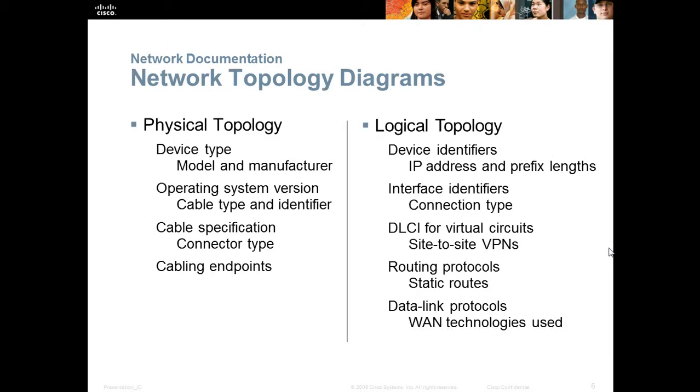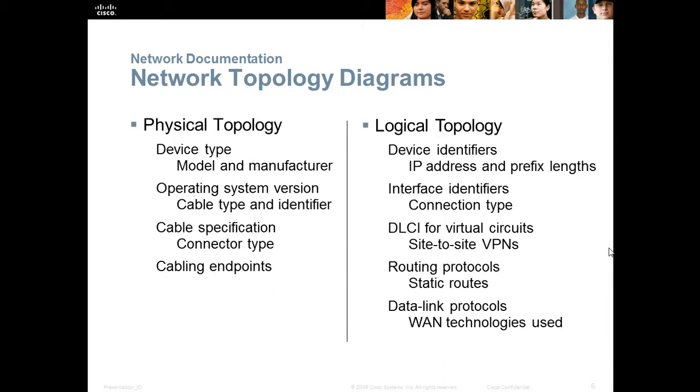What is included in a network topology diagram? We have a physical topology and a logical topology. A physical topology includes the device type, its model and manufacturer, the operating system version used in the device, the type of cable used and its identifier, the specification of the cable as well as the connector and the type of the connector, and most importantly the cabling endpoints.